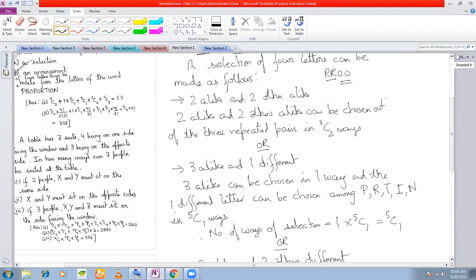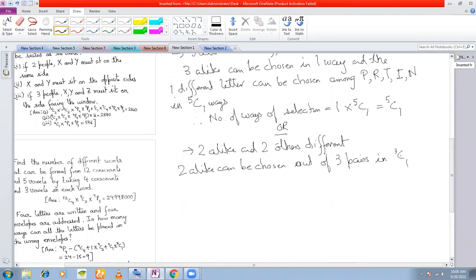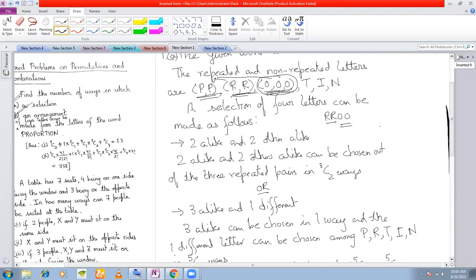Any one of these three, either PP or RR or OO. And two others different. Let's say you choose PP. What are the different ones?